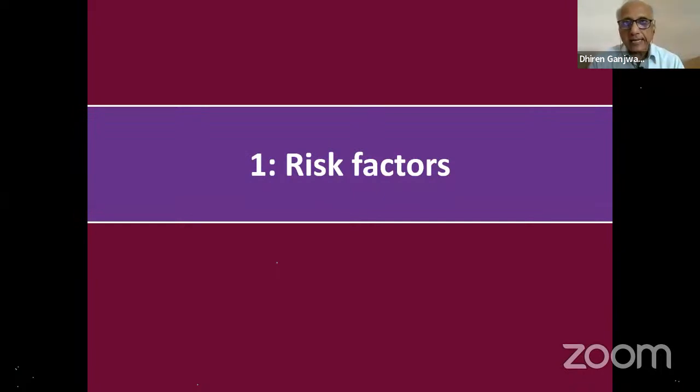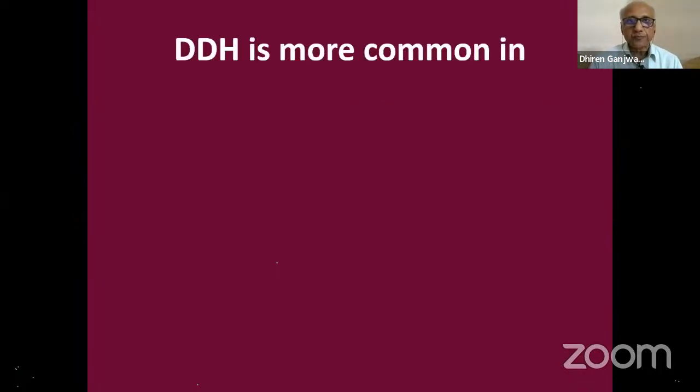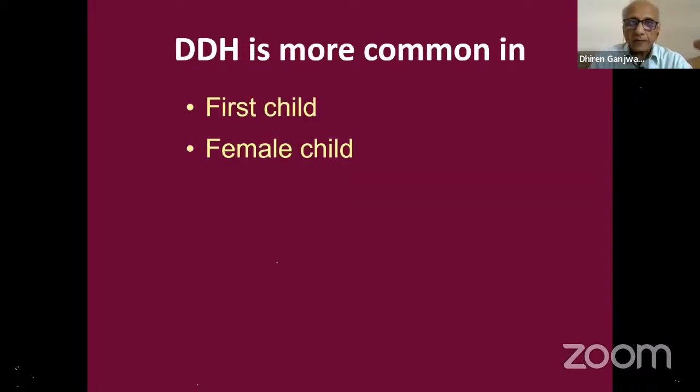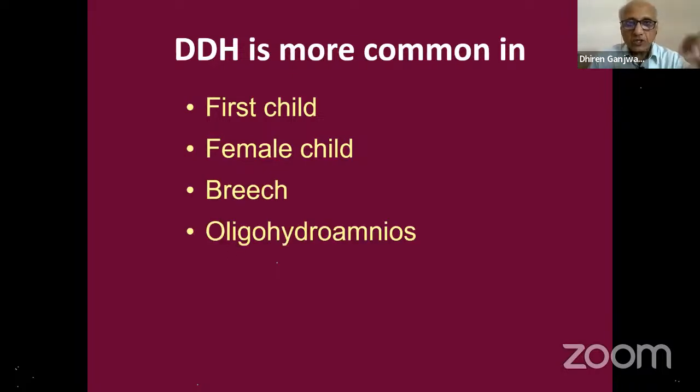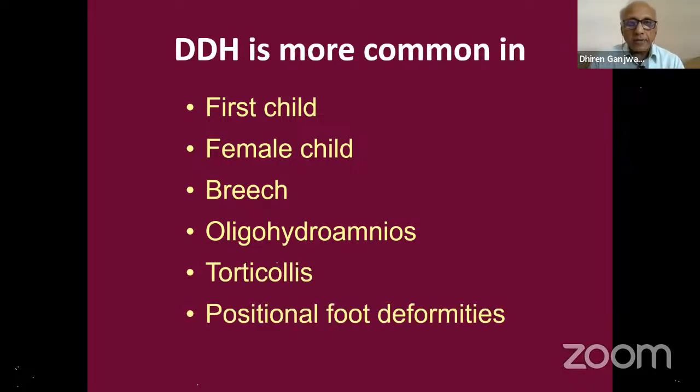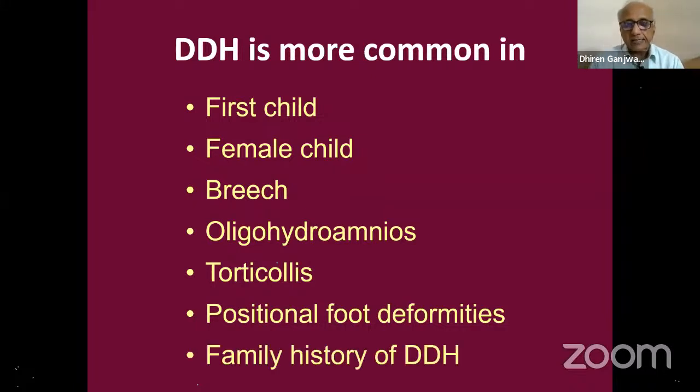So first of all, let us understand the risk factors. We know that DDH is more common in the first child, the female child, the breech delivery, the child where the amniotic fluid is less, oligohydramnios, the child with torticollis, or having positional foot deformities like metatarsus adductus.